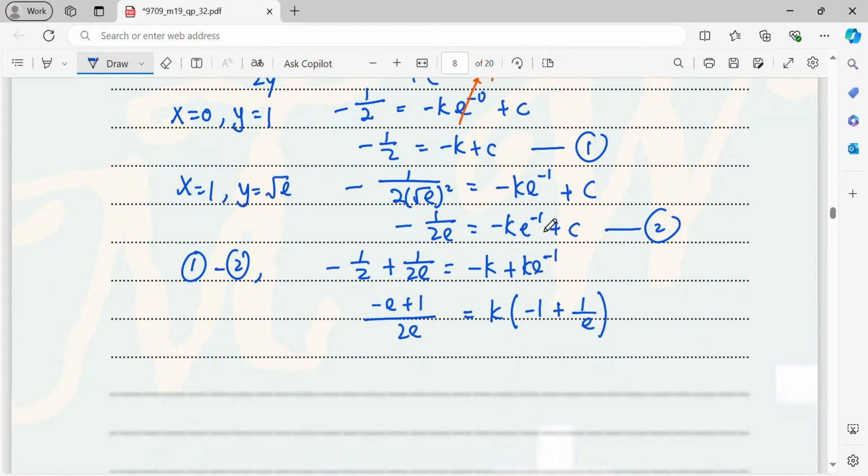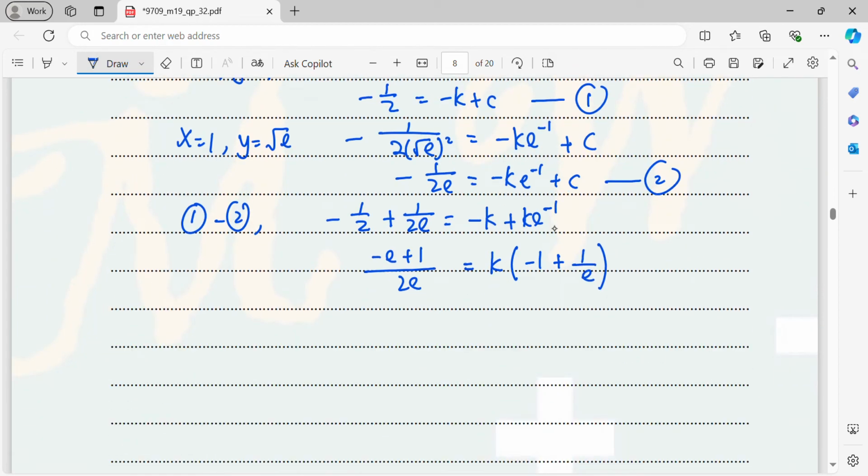Then again I will simplify the right side first to get the same denominator. So I make it over e. That will be negative e plus 1. So I will rewrite my left hand side. And now the e can be cancelled off from both sides. Okay, and then we can get the k.